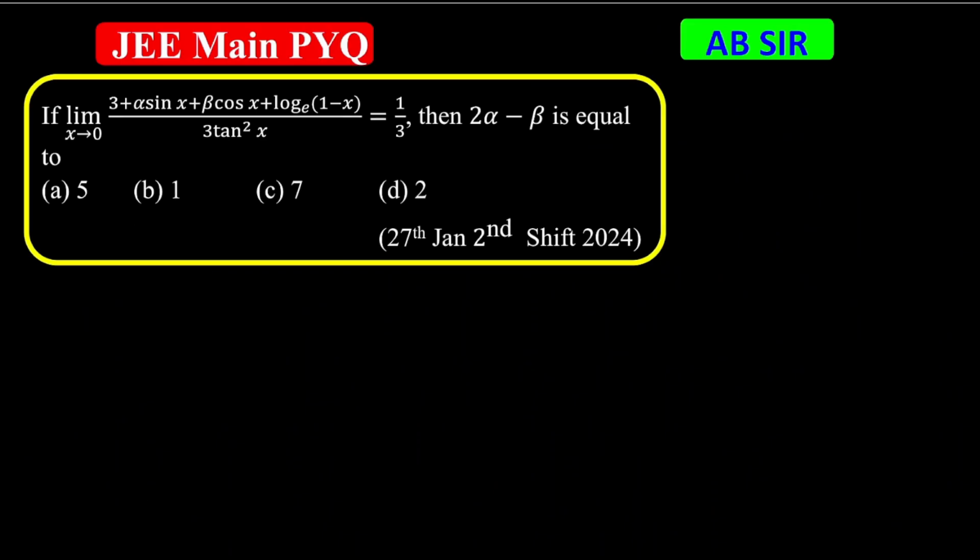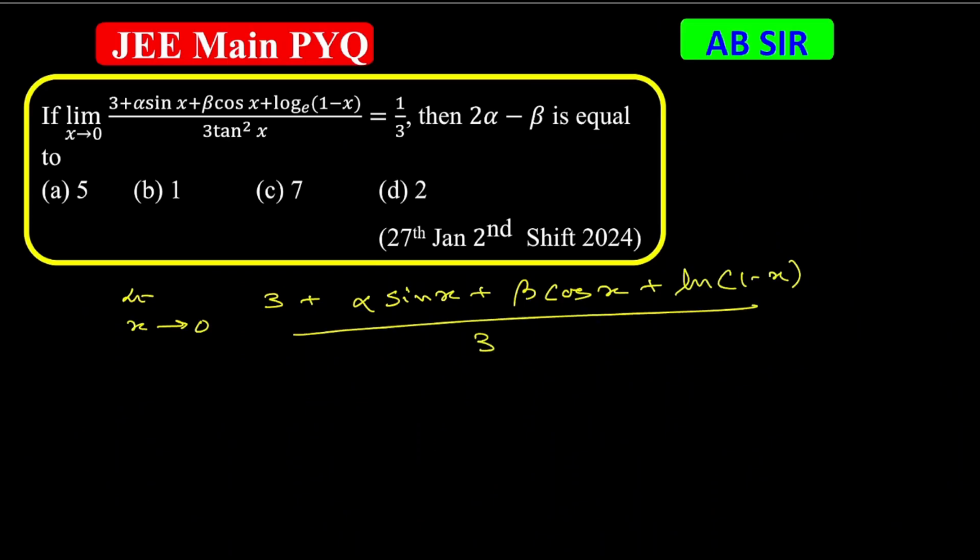I am writing the sum first. Limit x tends to 0, 3 plus alpha sin x plus beta cos x plus log of 1 minus x, total divided by 3 tan square x.